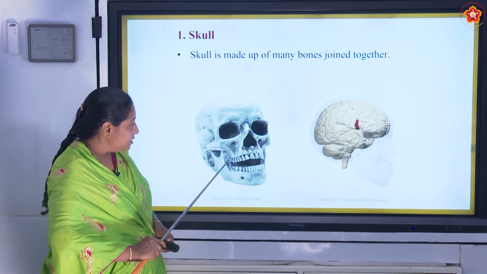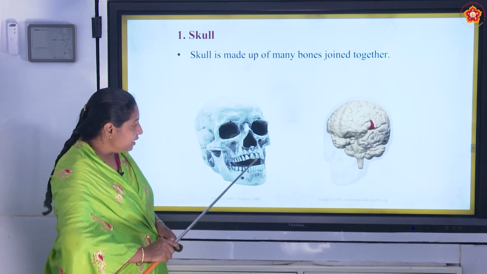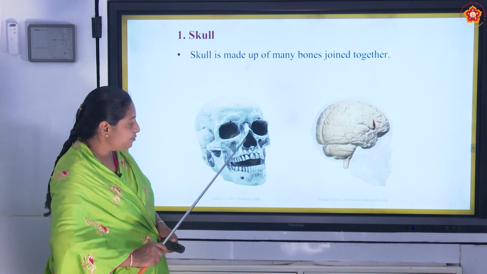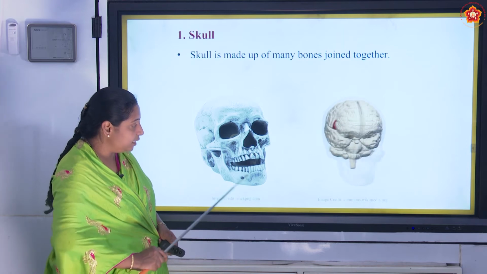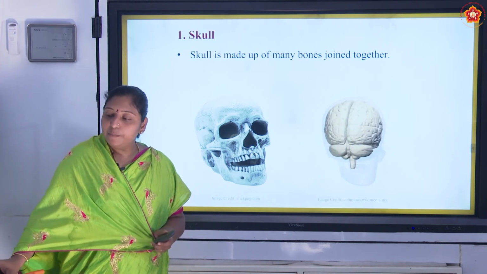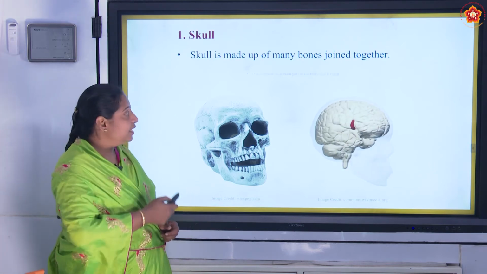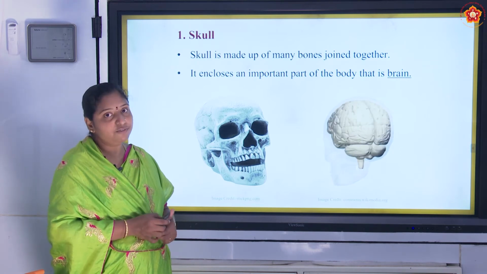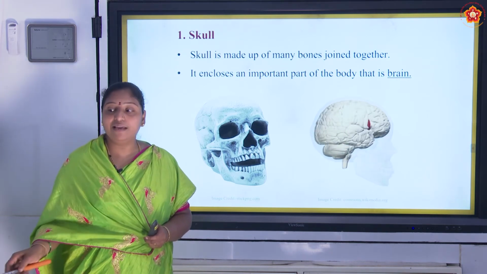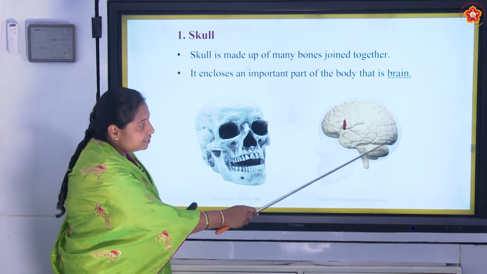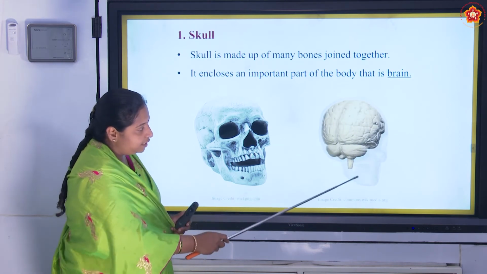In the skull, only the upper part of the head is fixed and you can move only the lower jaw. And the skull protects the internal organ which is a very important part of our body, that is the brain. See, the brain is protected by the skull. You can observe that here.